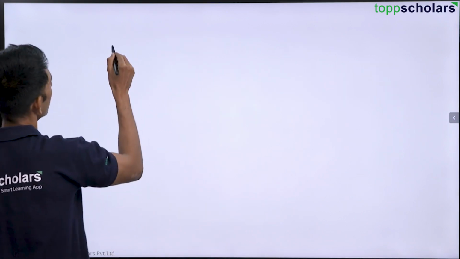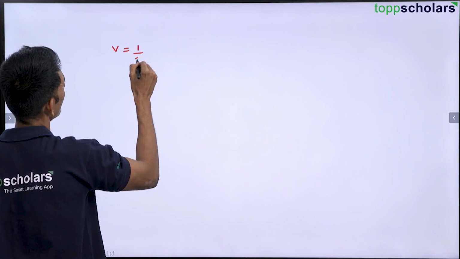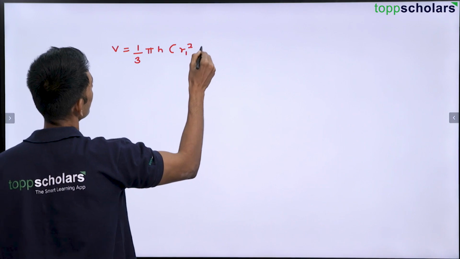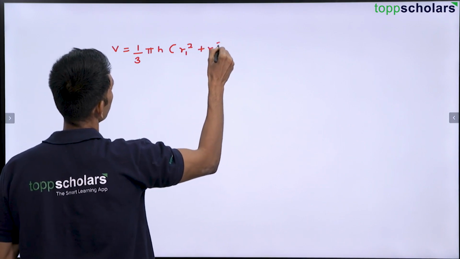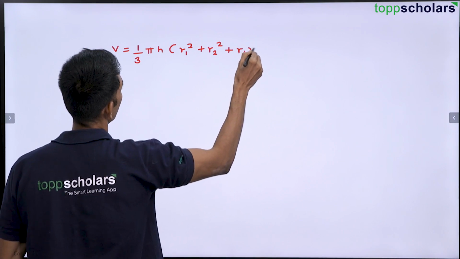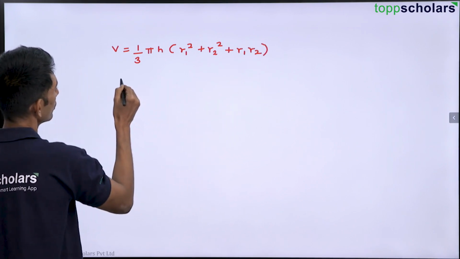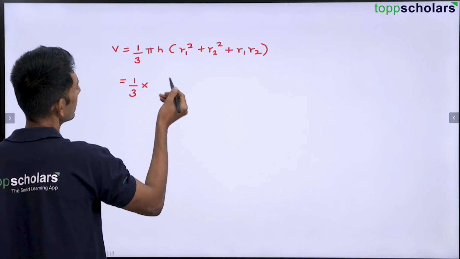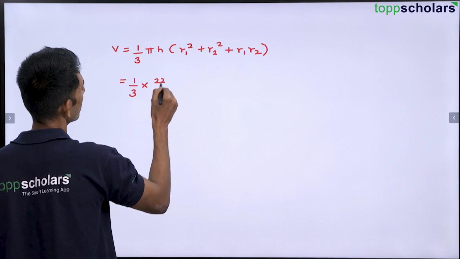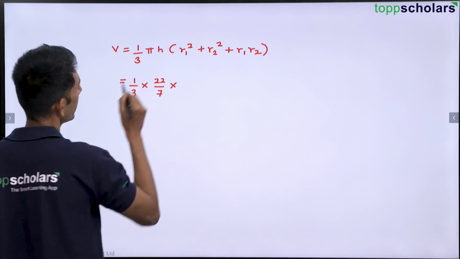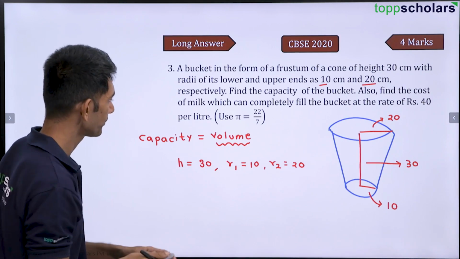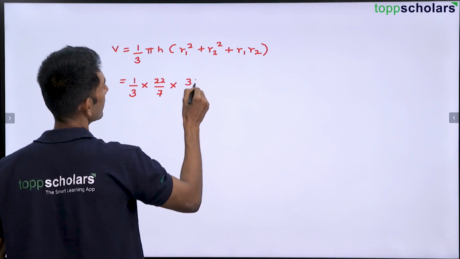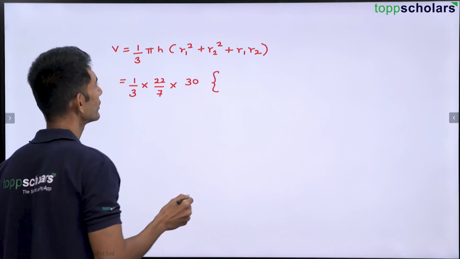So can I say volume is 1 by 3 pi h, R1 square plus R2 square plus R1 R2. So that is equal to 1 by 3 into pi. Pi is 22 by 7 into h. H is how much? H is 30 into R1 square.